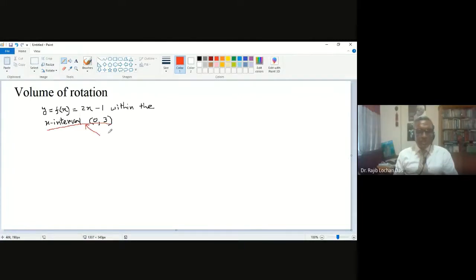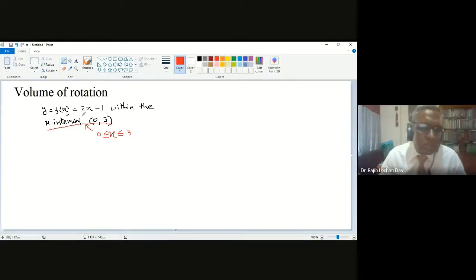Within this range means the lower value is 0 and upper value is 3, and 0 and 3 both are included. Oh no, first bracket I used, so it is not included. So let me include this, otherwise this will be something different. Let me include 0 and 3.